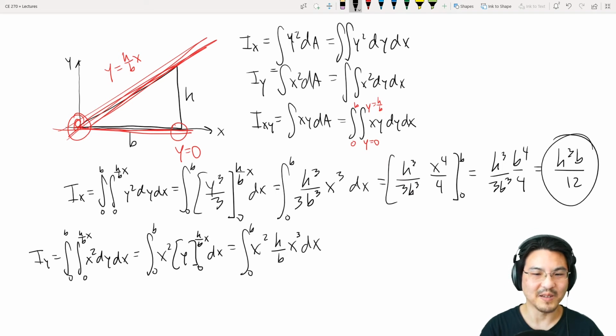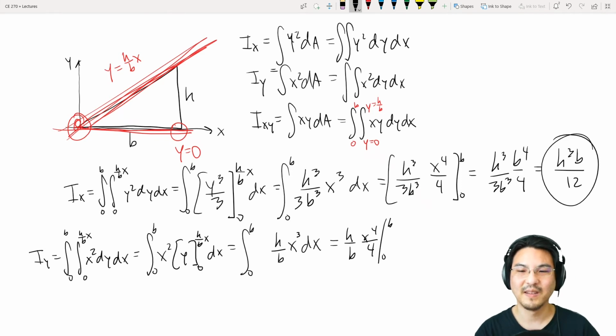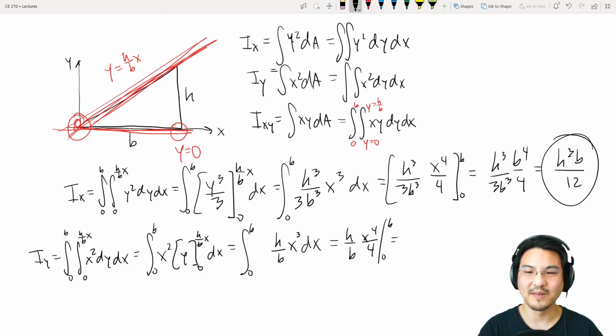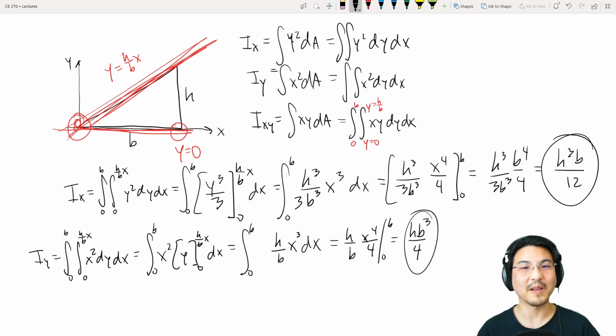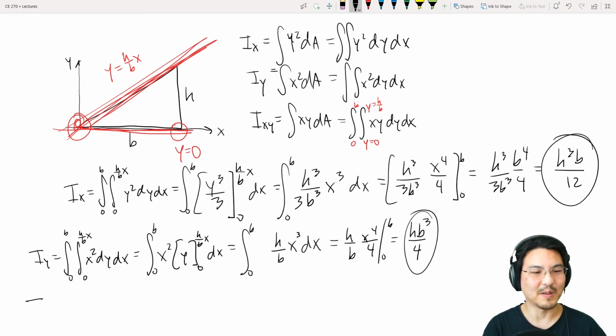Let's just write it as x cubed. Let's evaluate this integral: x to the 4th over 4 from 0 to b. So that's h b to the 4th over b, so h b cubed over 4. All right, that's Iy.